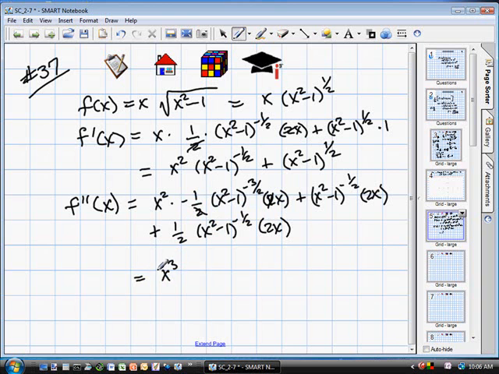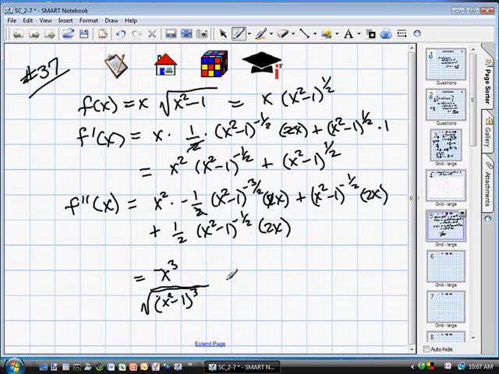I've got a negative, so I better get a negative out there. And then I have this thing on the bottom, which is what? The square root of x squared minus 1 cubed. Sorry for how sloppy that is.